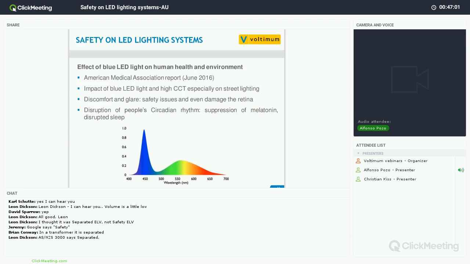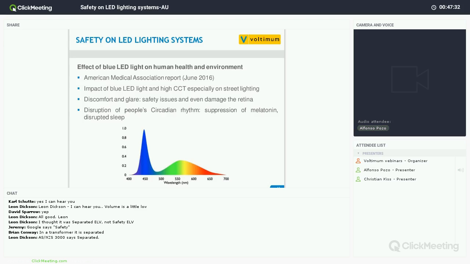There have been so far quite a few responses to this AMA report from industrial and lighting associations, and in the graph below, just as an example, I include what is called a spectral power distribution of a white LED, which is mainly the relative irradiance of each wavelength of the visible band in a light source.